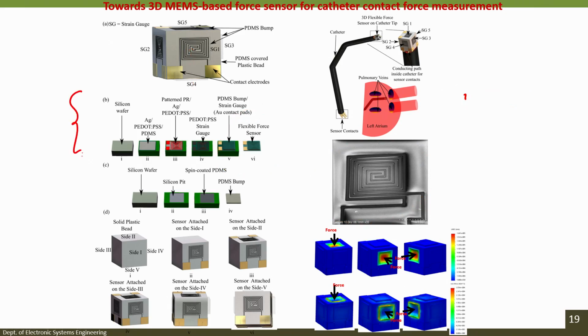Once you know lithography, it becomes easy for you to understand how you can fabricate different sensors. This is a recipe, alright. Now, how to create this particular sensor, right. The first step is to take the cube, then the second step is to create flexible force sensor and to attach it on each side of the cube.